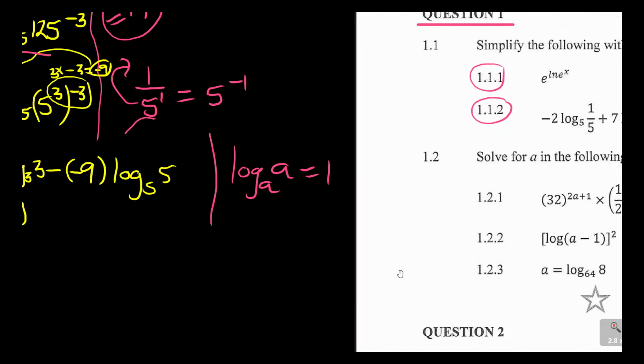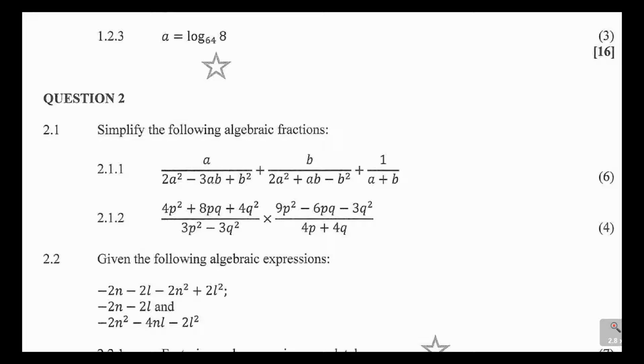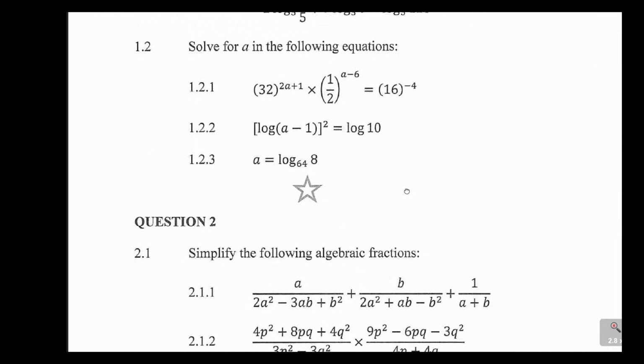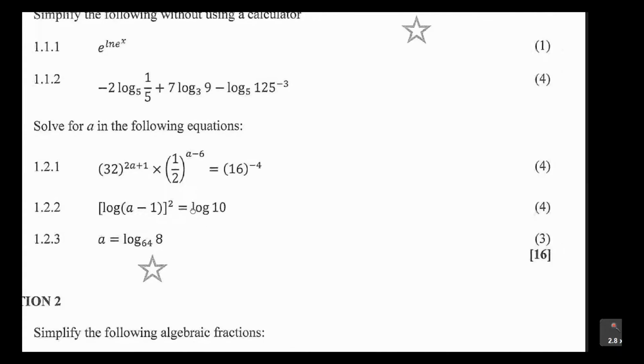Let's look at 1.2. Because of time, let's look at 1.2. 1.2 says solve for a in the following equations, and I've got that. So the first question, this is 4 marks. Solve for a. 1.2.1. What do I have? I have got 32, and then brackets are like this, and then I've got a.